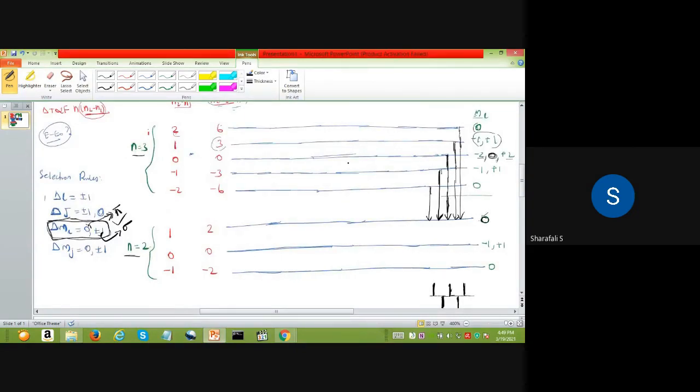Again, we have to look at the next state. So from 0, starting from this second state of n equal to 2, then again minus 1, plus 1 to this minus 1, plus 1. That will give me 0 in some cases.